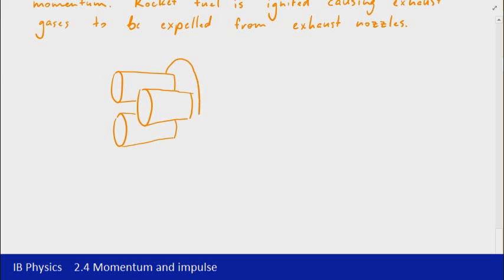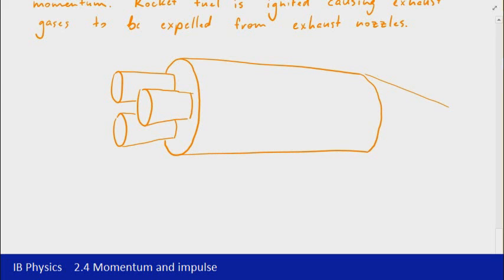They would be on the bottom of the rocket. The rocket then has a payload, whatever it is, and then it would continue to move. In this case the rocket has a mass, which we're going to call M2. Then we have the exhaust gases being expelled, and they will have a total mass of M1.